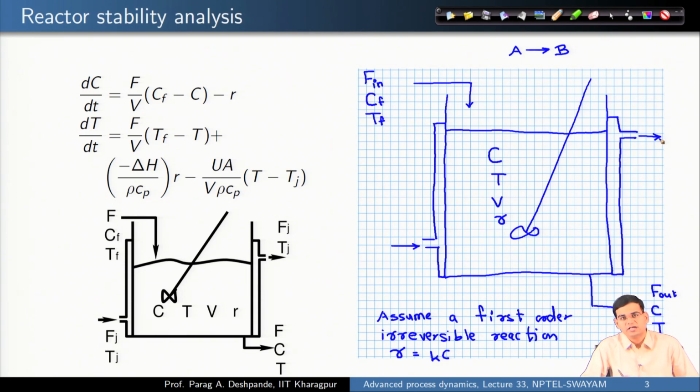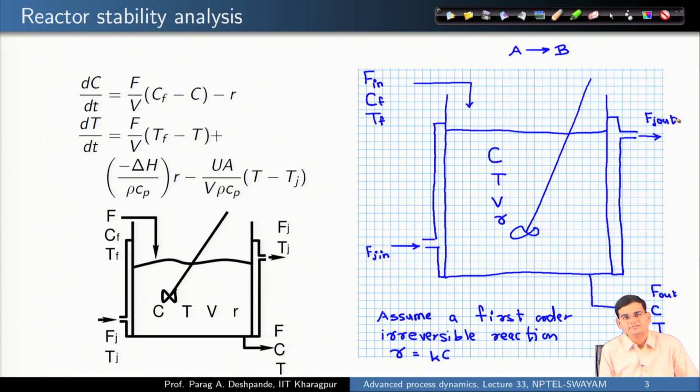Again, the volumetric flow rate of the cooling fluid can be denoted as F J in, the volumetric flow rate of the jacket fluid at the inlet, and F J out.